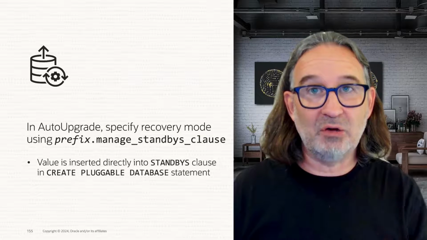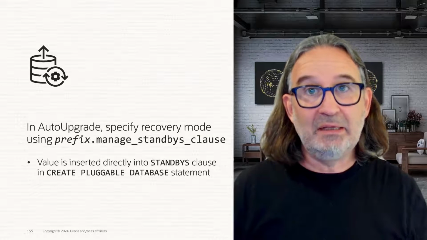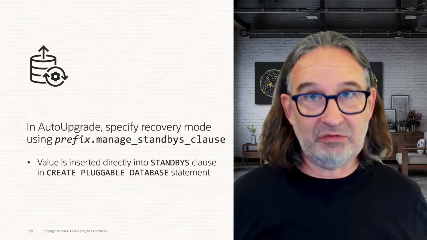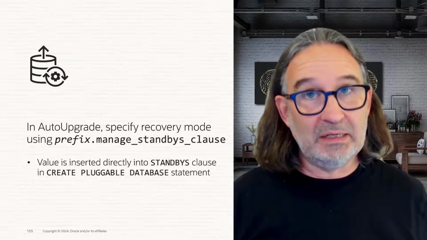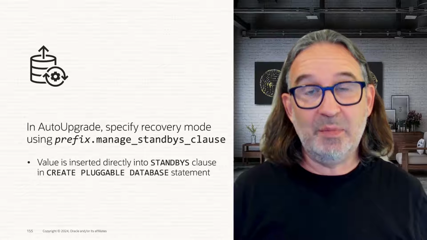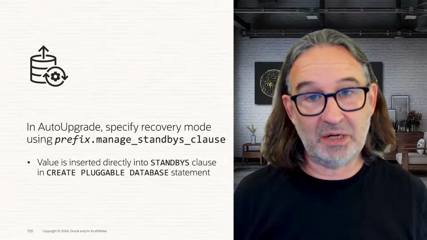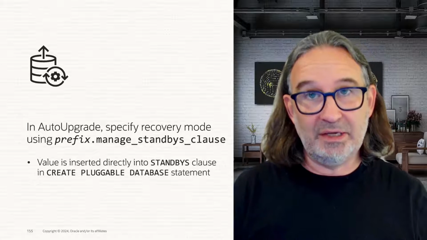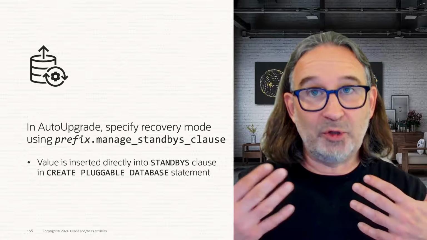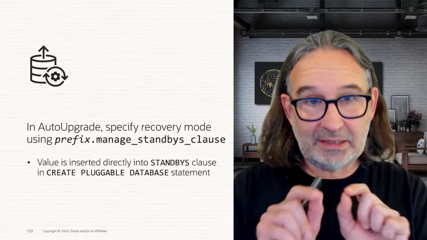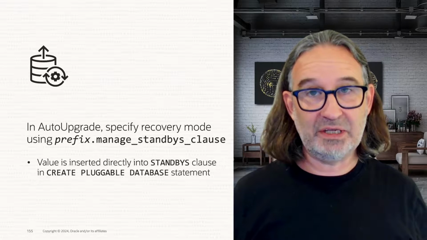And when you use AutoUpgrade, what we highly recommend, then you can also specify the all, none, the list, or the except. But in this case, you need to do this in the config file of AutoUpgrade with the manage standbys clause. And there you can specify it. AutoUpgrade then builds the command exactly based on what you specified here.